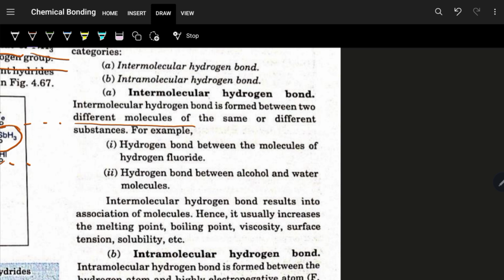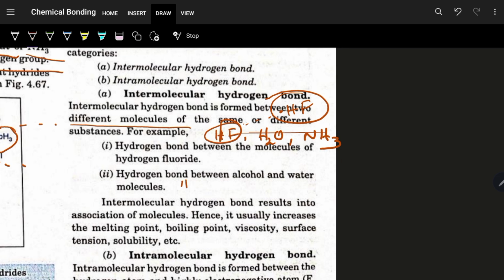So previously, in HF, H2O or NH3, hydrogen bonding existed between one HF unit and another HF unit. But in the case of alcohol and water, hydrogen bonding exists between ROH and HOH.